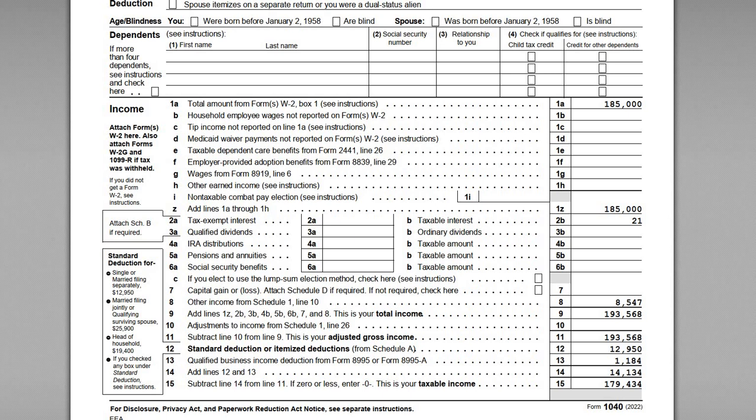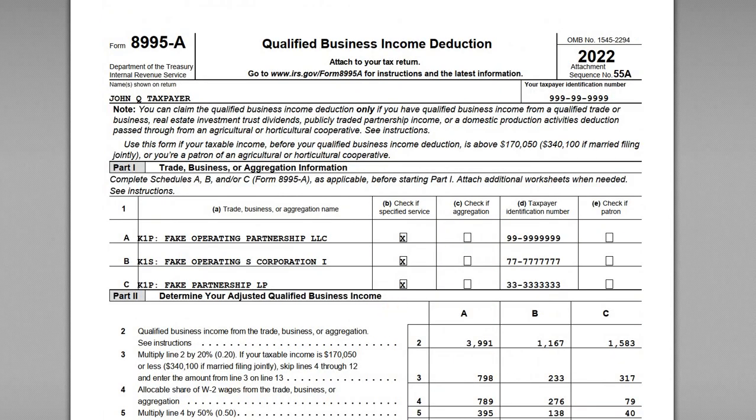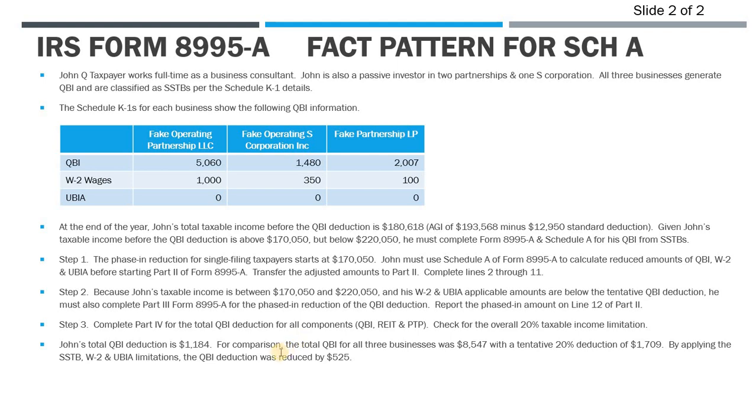So in John's case here, if we just summarize, what's important to highlight is that you have SSTB income, you've got income above the thresholds, and so your QBI deduction is limited, right? So his total QBI deduction was $1,184.